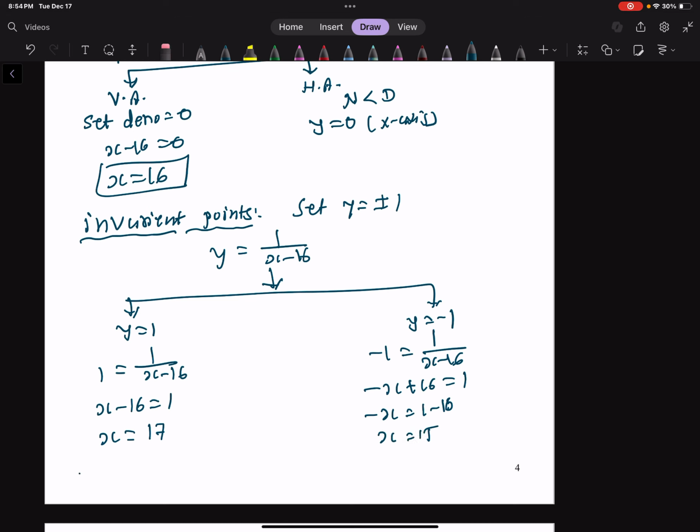So we got two invariant points: x equals 17 when y equals 1, so 17 and 1, and x equals 15 when y equals negative 1.